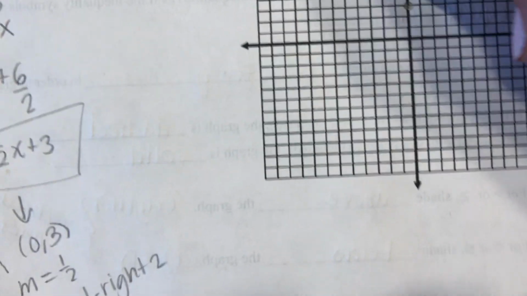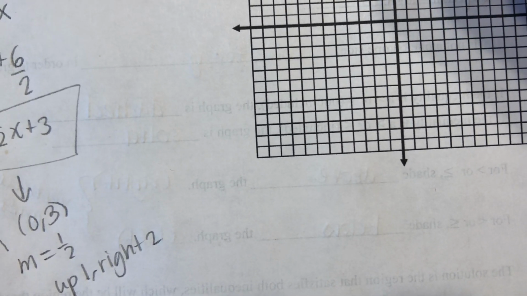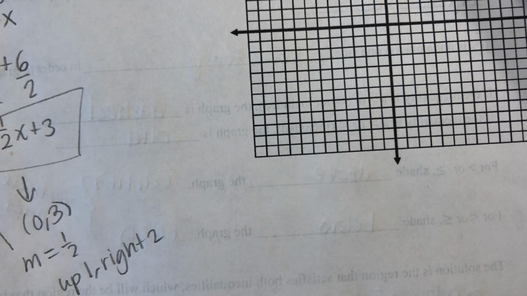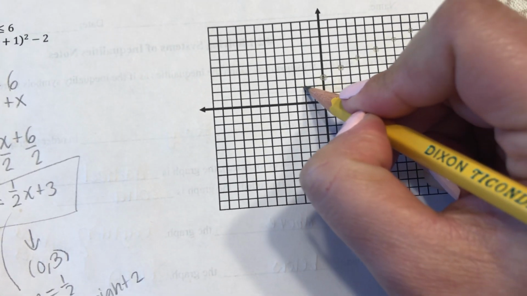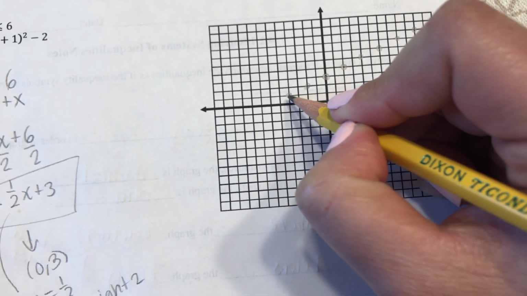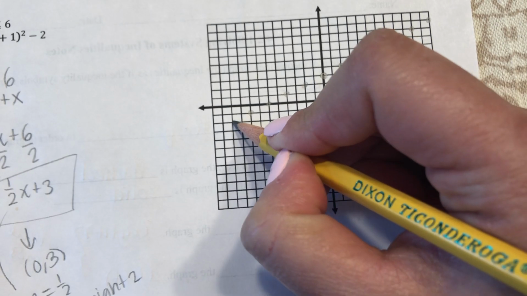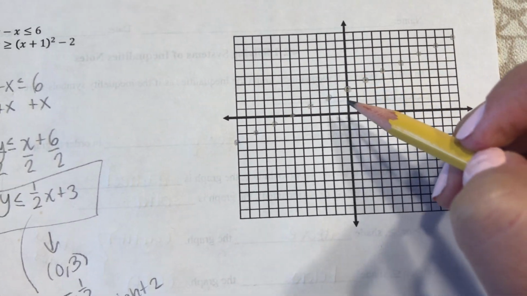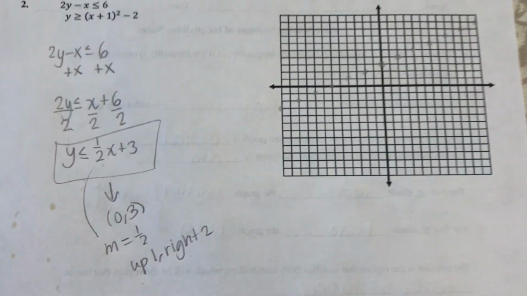So up 1, right 2, up 1, right 2. Remember to cover the entirety of the coordinate plane so that we can see all the solutions and it doesn't just cut off randomly somewhere. And when you're going backwards, I do down 1, left 2, which is the exact opposite of this, and it gets me the other side of the line.